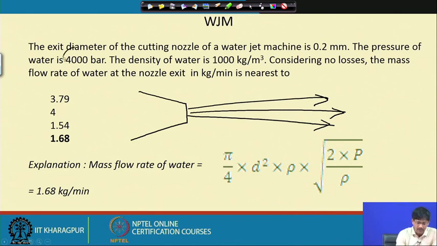The pressure is 4,000 bars, and the nozzle outlet diameter here is only 0.2 millimeters. Just imagine 0.2 millimeters, so small. So, how can we find out the mass flow rate of water at the nozzle exit in kgs per minute?